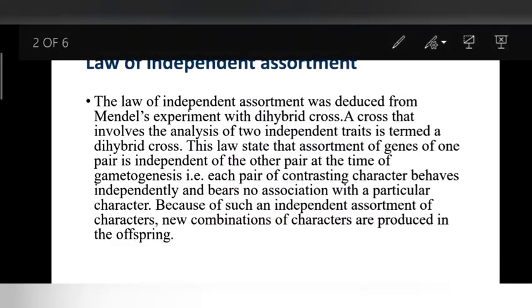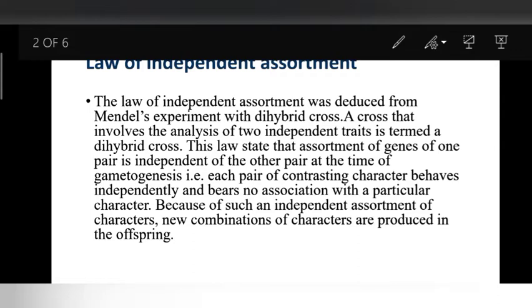Each pair of contrasting characters behaves independently and bears no association with a particular character. Because of such independent assortment of characters, new combinations of characters are produced in the offspring. This is the law of independent assortment.